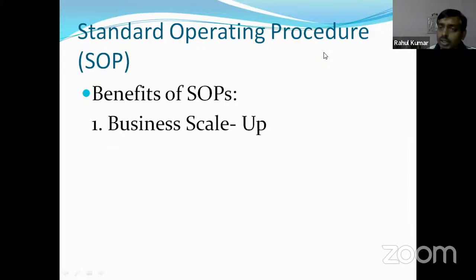They are opening their sales outlets in different areas because of their SOPs. If you don't have the SOPs, then you are going to be stagnant. एक ही जगह पर पड़े रहोगे, आप अपने बिजनेस को स्केल अप नहीं कर पाओगे. That is the main demerit if you don't have the SOPs, or you can say a process oriented business. So this is the main benefit: you are going to scale up your business.